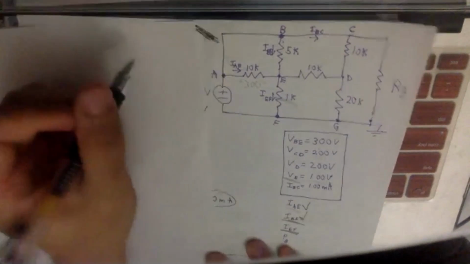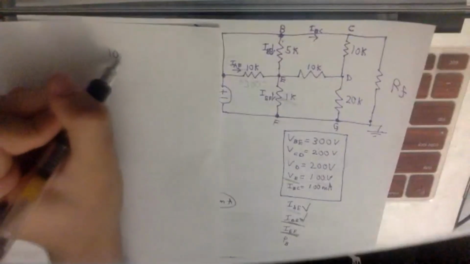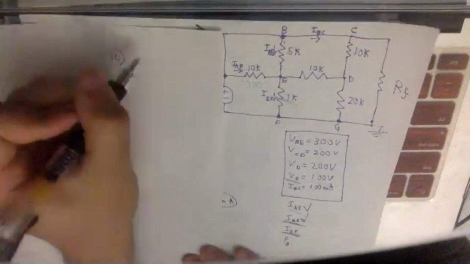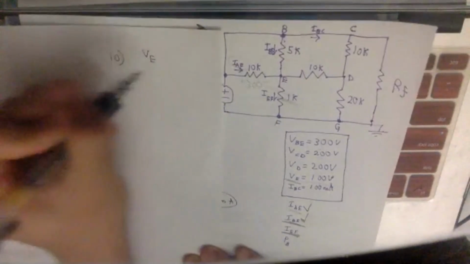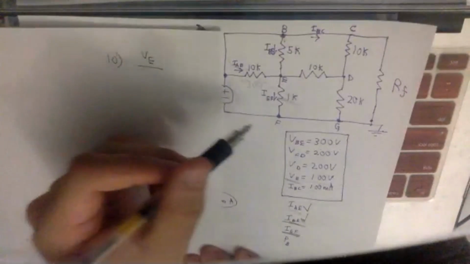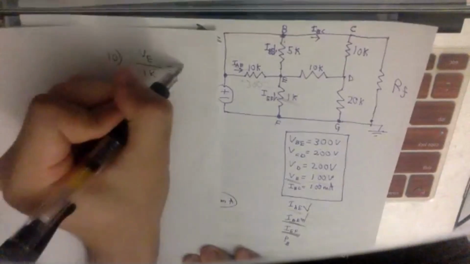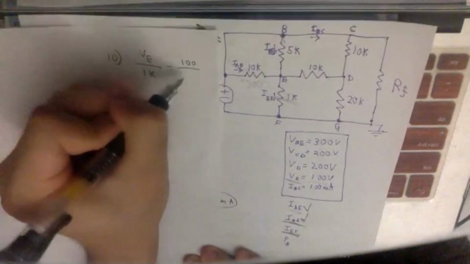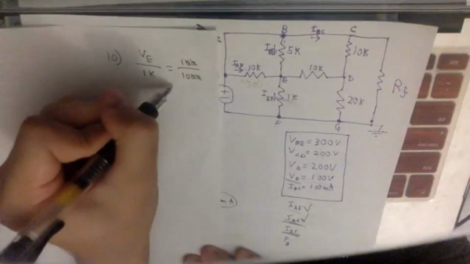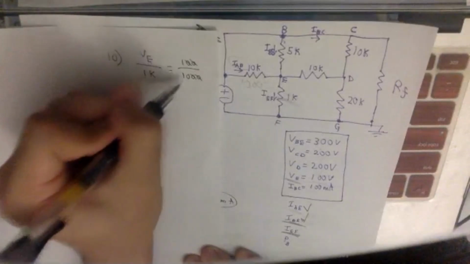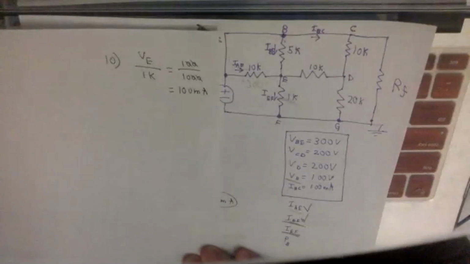So VE over 1K equals 100 over 1,000. Ends up being 100 milliamps.